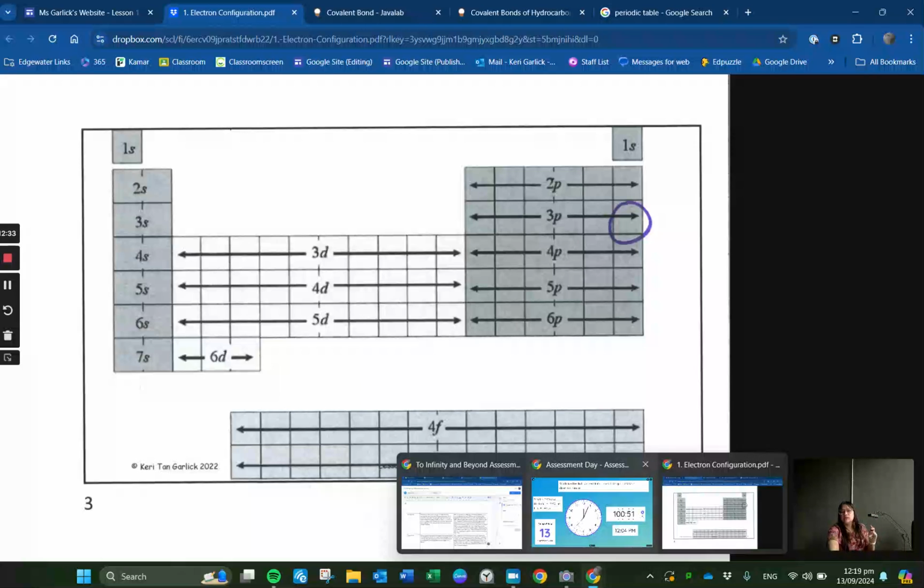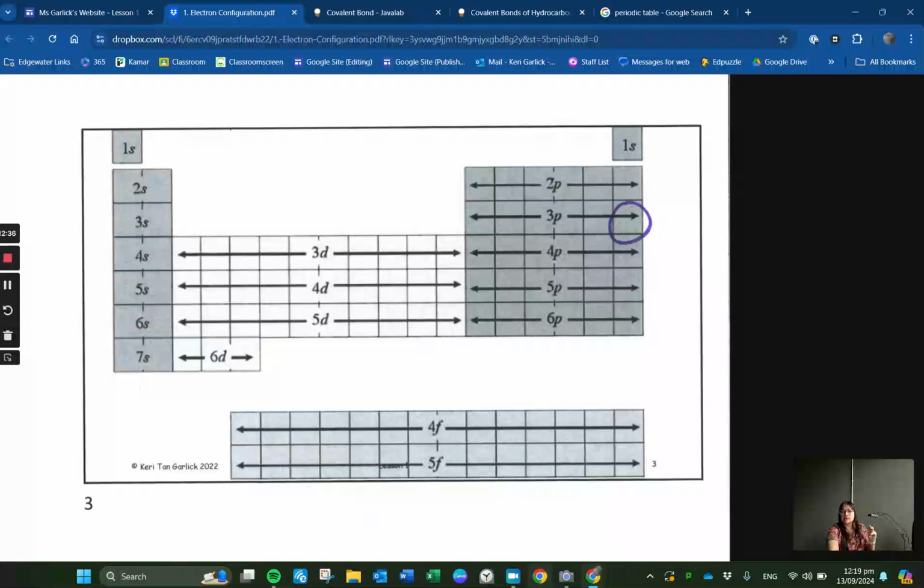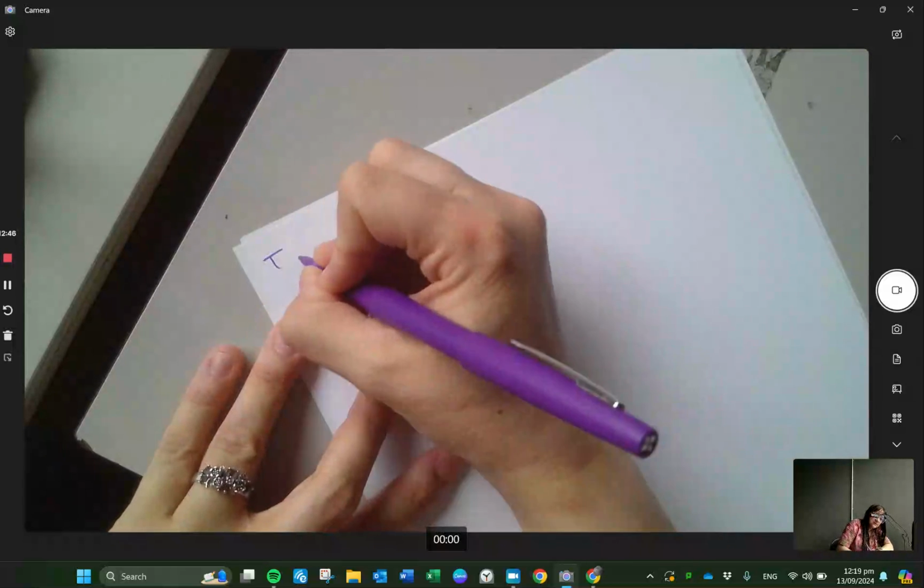So I'll write that down. This year we're going to be learning about the extended octet.